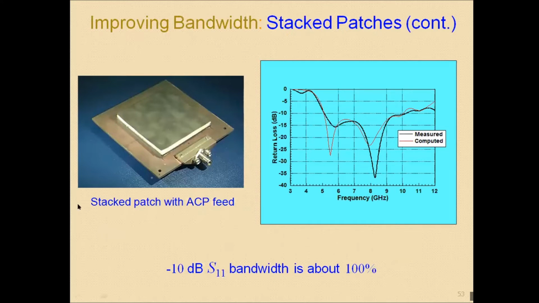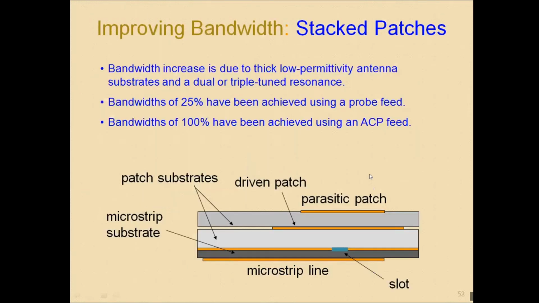So this is a stacked patch with an ACP feed, at minus 10 dB the S11 bandwidth is about 100%. This is the S11 curve, the return loss curve, for the simulated and the measured results. The bandwidth is actually increased with the help of this stacked patch.